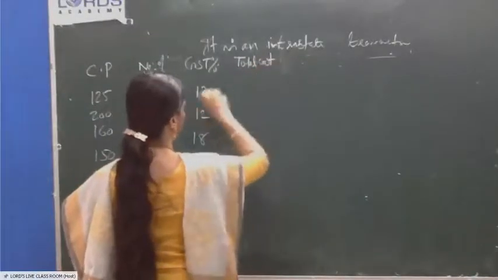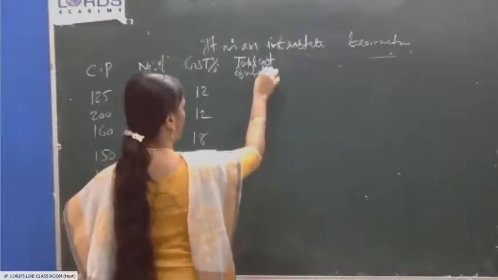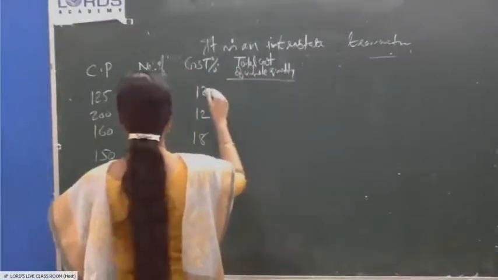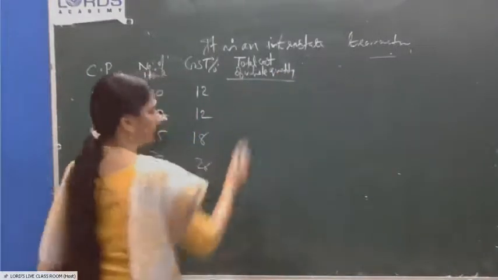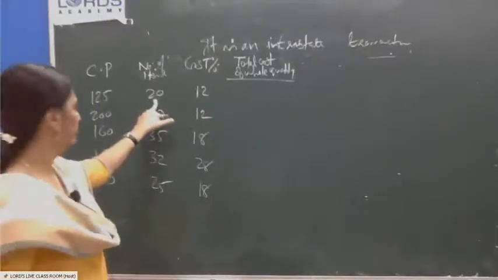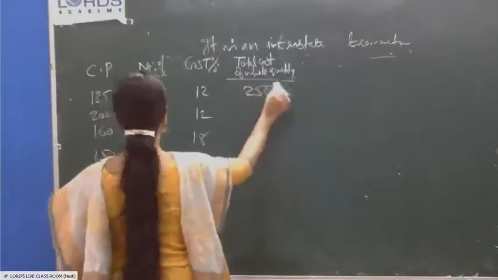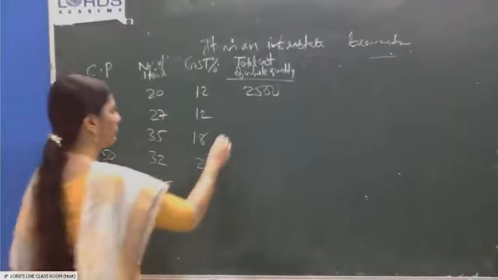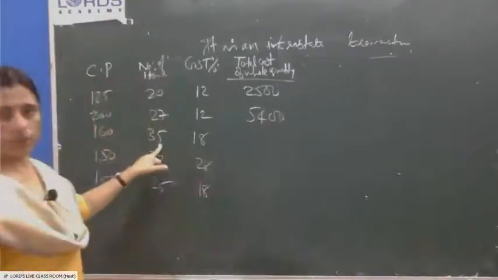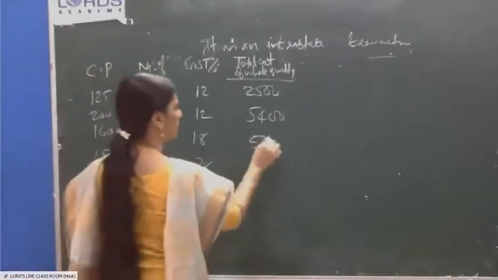Total cost, not amount of bill, whole quantity. Total cost of whole quantity. 125 into 20, you write 2,500. 2 into 125 is 250, then one more. 27 into 2 is 54, so 5,400. 160 into 35, 5,600.